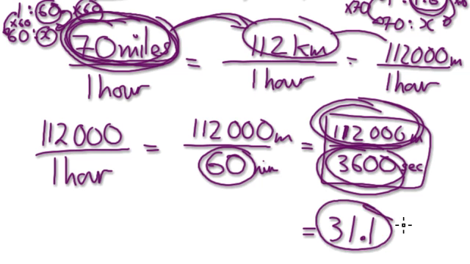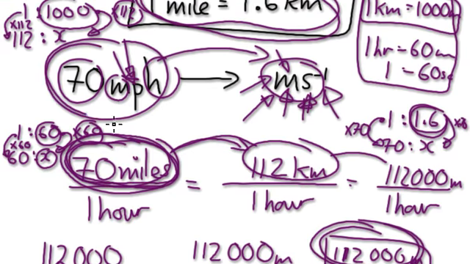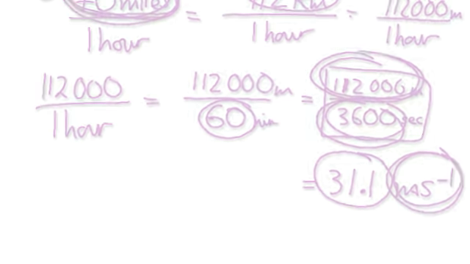The distance here is measured in meters, so it's going to be meters per second. So your answer here is 31.1 meters per second. Okay, so traveling at 70 miles per hour is equivalent to traveling 31.1 meters per second.